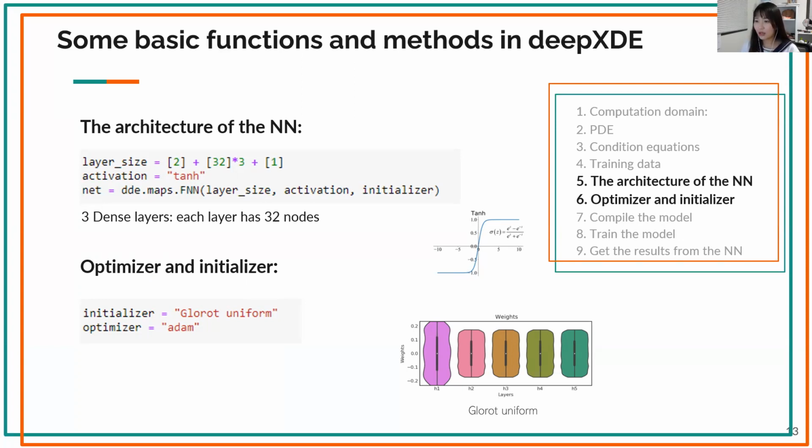So that's how to define the architecture of the neural network. You can absolutely change the number of layers and the number of nodes in each layer. The activation function here, I just use the tanh function, whose range is from -1 to 1.